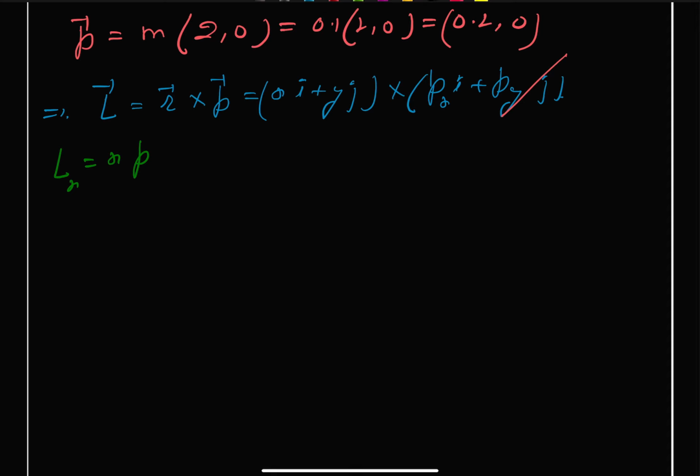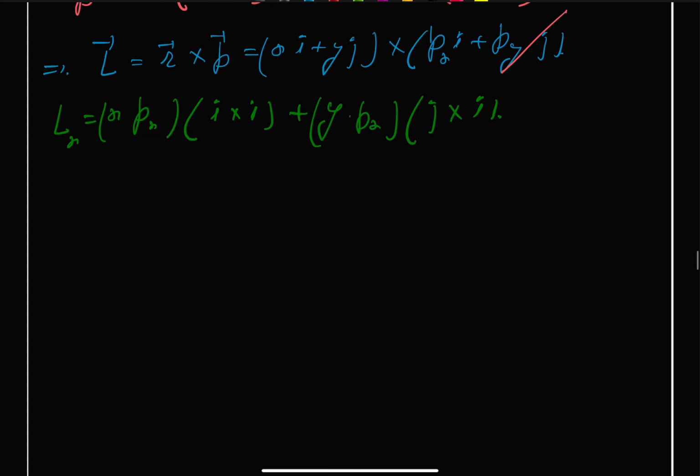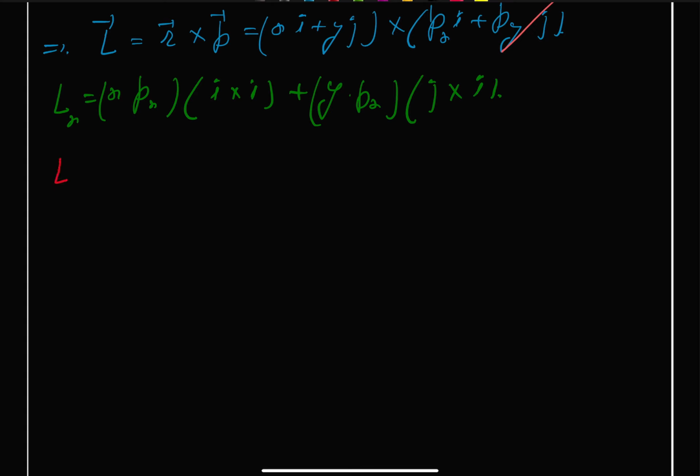So we get x into px, times i cross i, plus y into px, times j cross i, and we get that L will be equal to minus, and y is minus 0.9, px is 0.2.